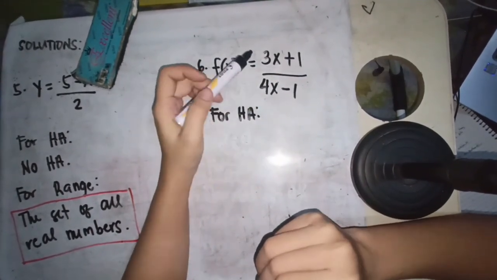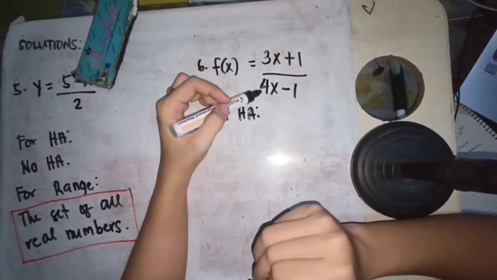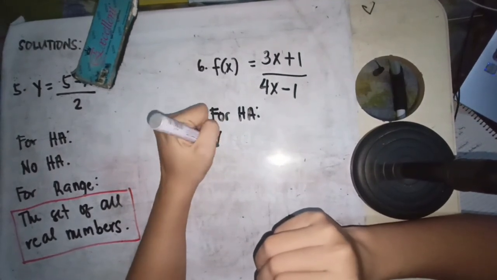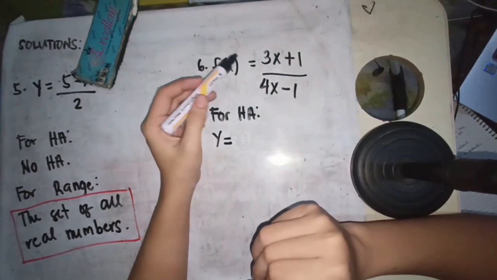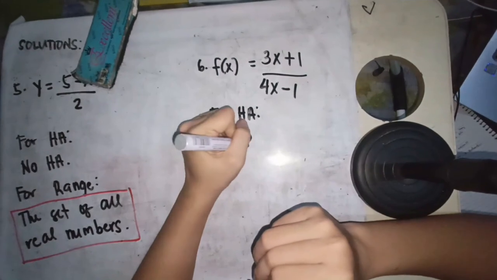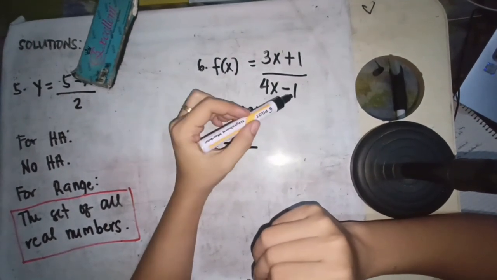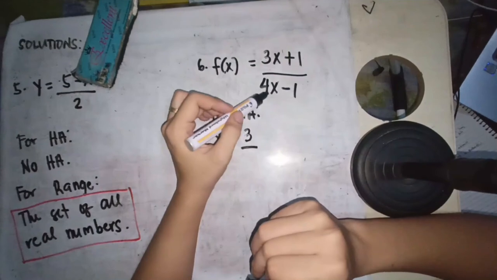So, since the degree of numerator is equal to the degree of the denominator, therefore, for our horizontal asymptote, we'll just have to get the leading numerical coefficient of numerator, which is 3. I-divide lang nato siya sa leading coefficient of our denominator, which is 4.